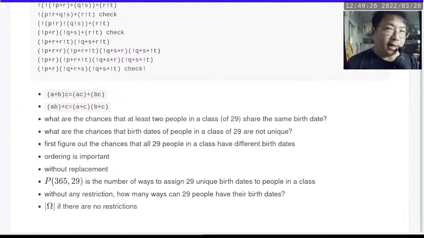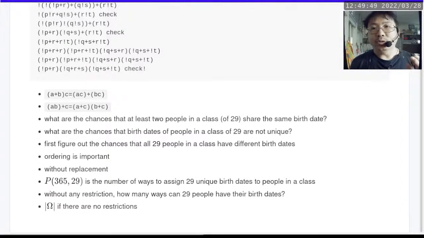What if we have 2 people in this class and there are no restrictions? So now the first person can take any of the 365 days, and the second person can also choose from any one of the 365 days, because whatever date the first person has chosen, it can be chosen again by the second person.